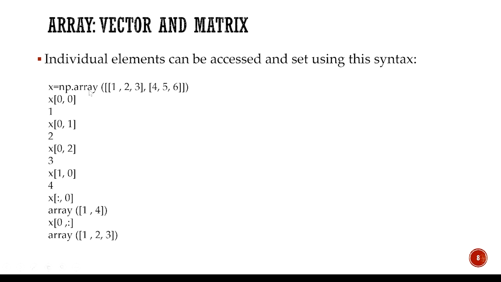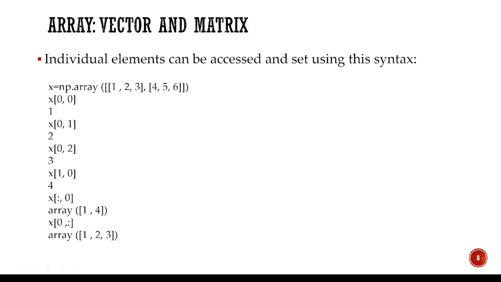So here in this example, you see that we have a two-dimensional array. So it has 2 rows and 3 columns. And x[0, 0] means go to the first row and the first column, and the value is 1. And here, [0, 1] means go to the first row and the second column, and the value is 2. In this another example, x[0, 2] means first row and the third column, which is 3.